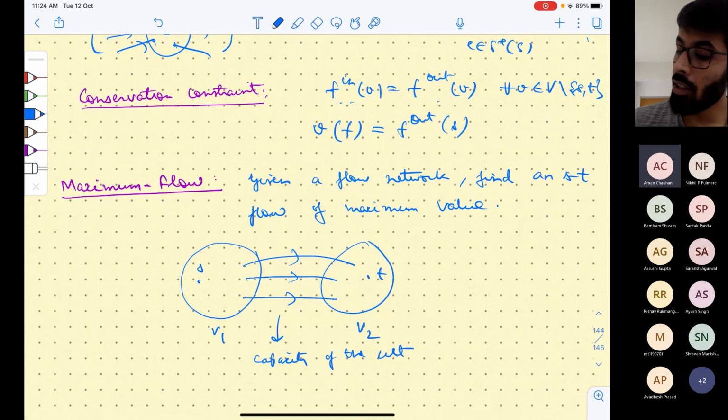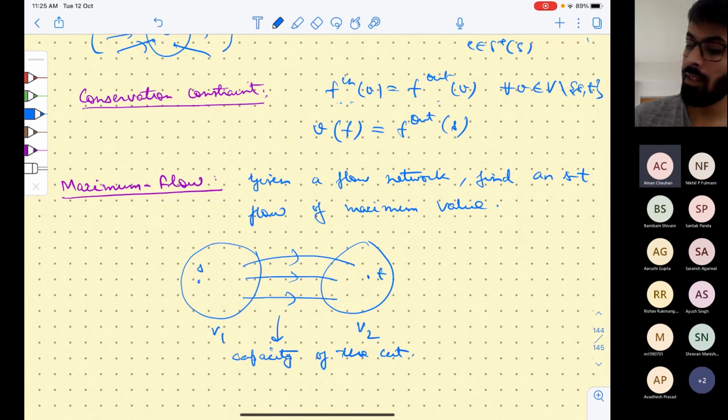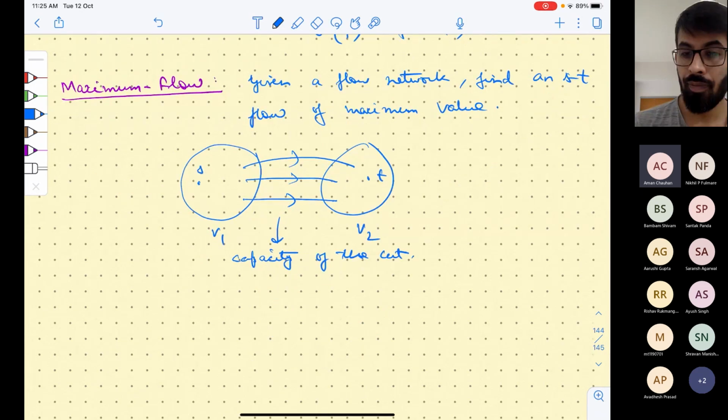Then can we relate the capacity of this cut with the maximum flow value? Any ideas? Capacity is greater than the maximum flow value. Say again, sorry. Maximum flow is at most the capacity, right?